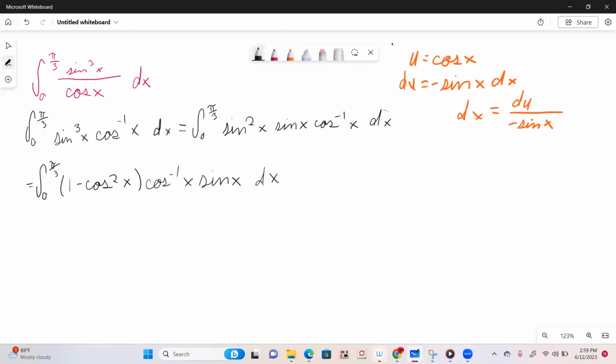Now, let's plug this in. So this is equal to the integral from 0 to pi over 3 of 1 minus u squared times u to the minus 1. Okay, and then we have our sine x.